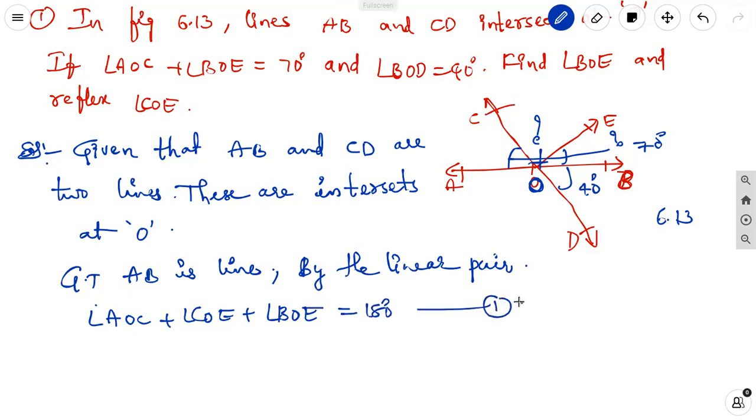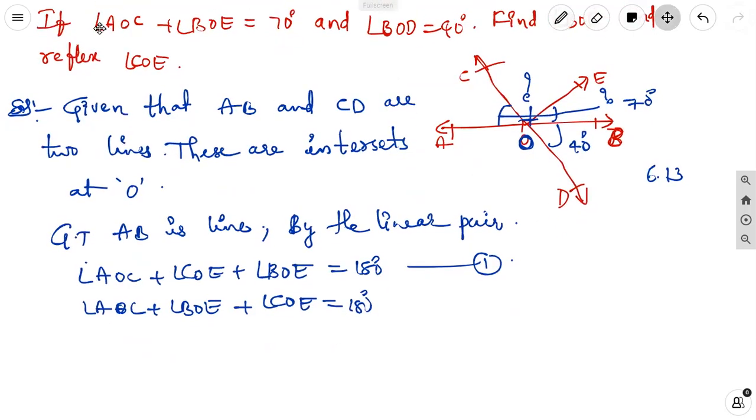Let it be equation 1. Given angle AOC plus angle BOE is equal to 70 degrees.